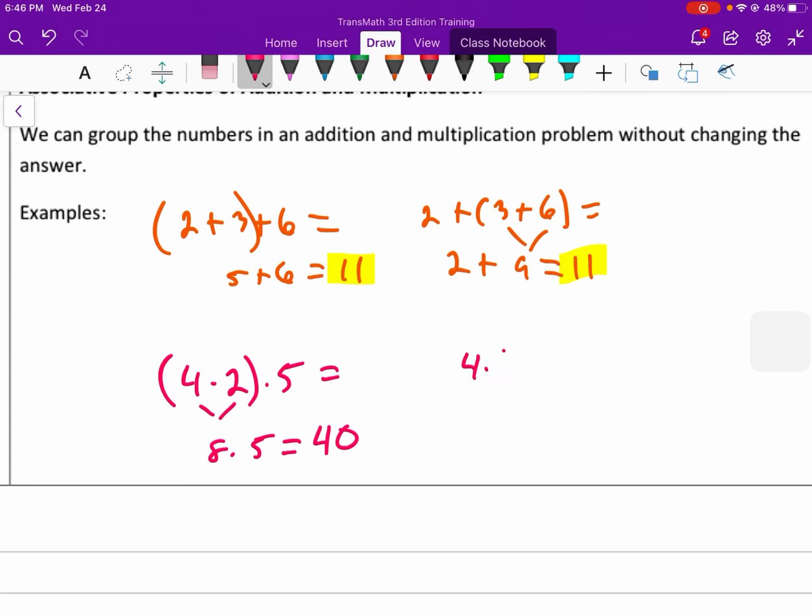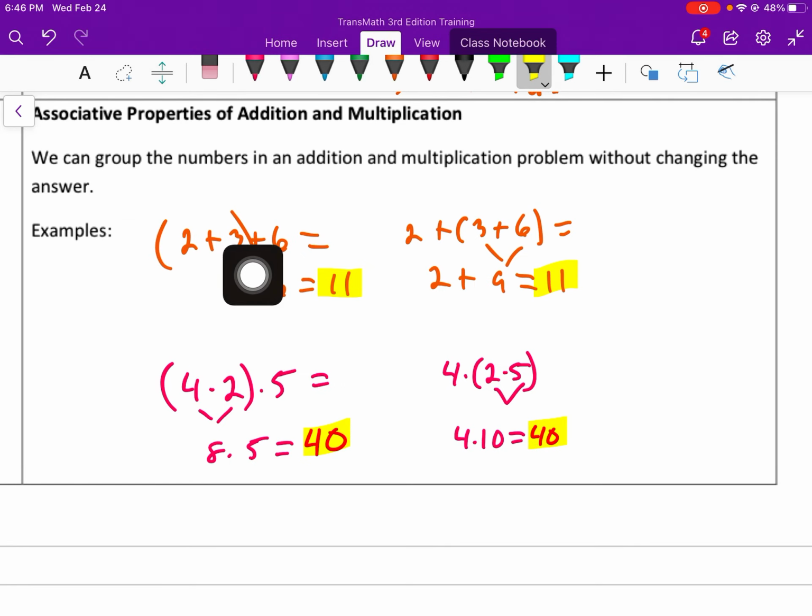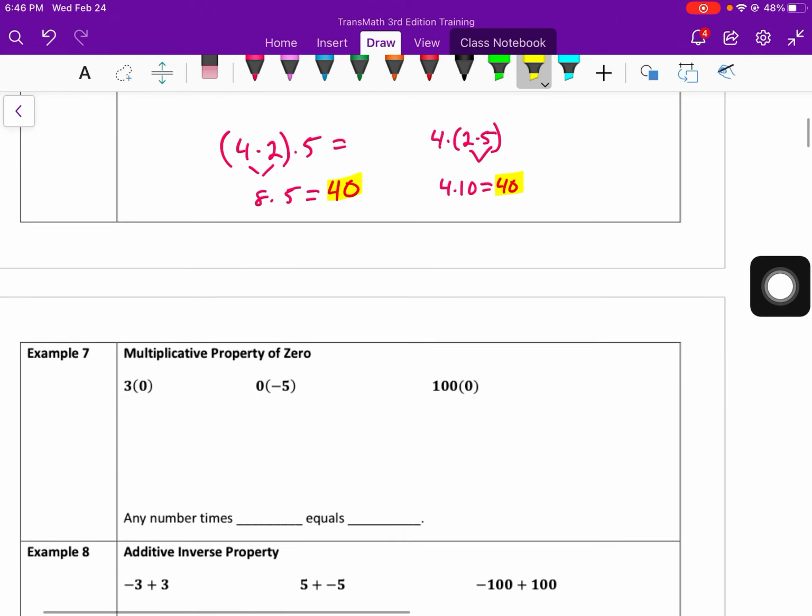We could do 4 times the quantity 2 times 5. So now we do the parentheses first. So 4 times 10. This is also 40. So it doesn't matter which order we do, addition and multiplication will be associative.